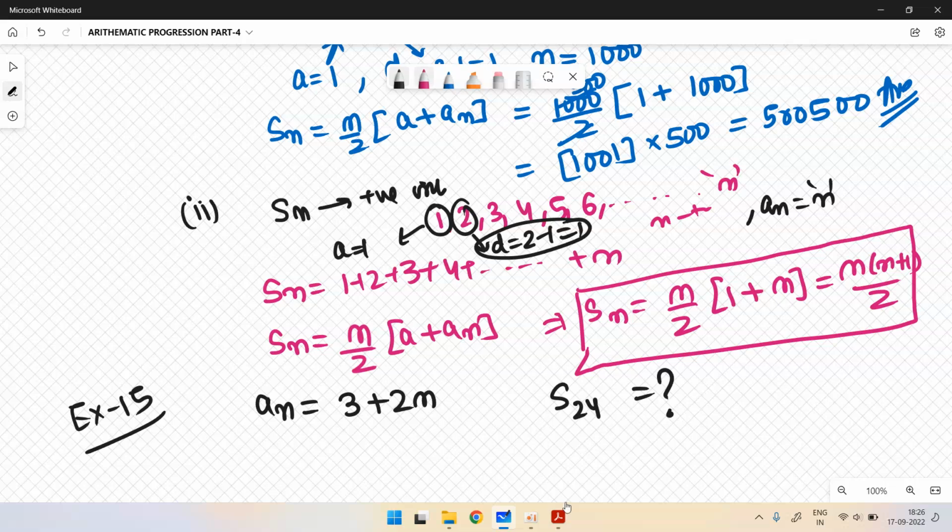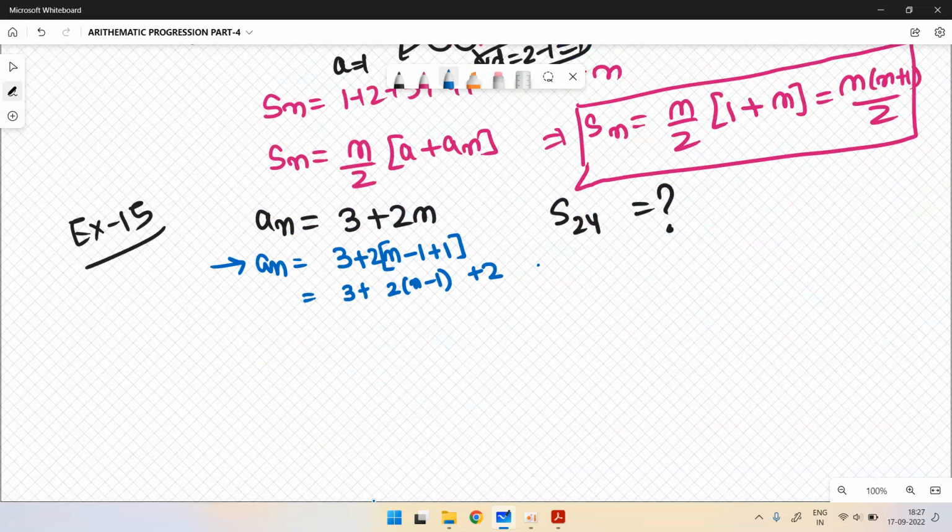Since this is an arithmetic progression, you can write a of n equals 3 plus 2 into n minus 1, plus 2, since you are subtracting 2 so you need to add it again.